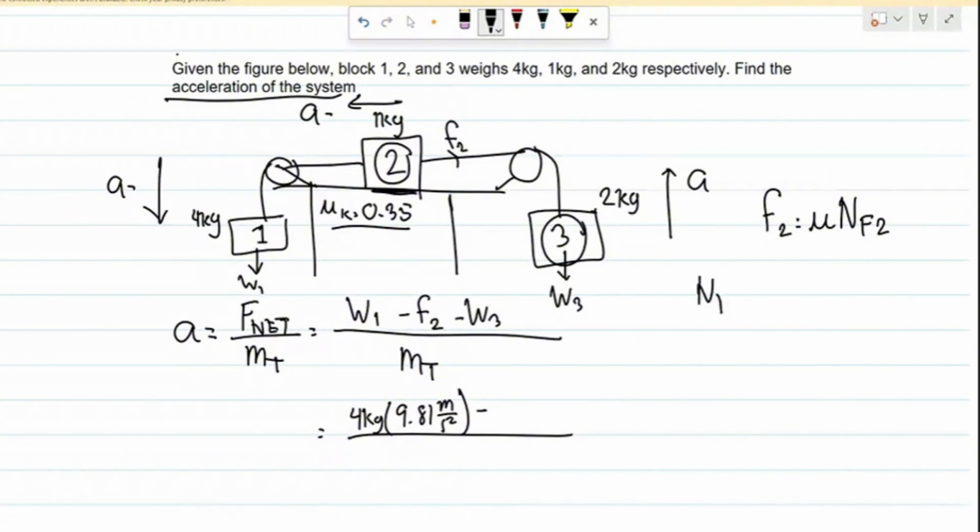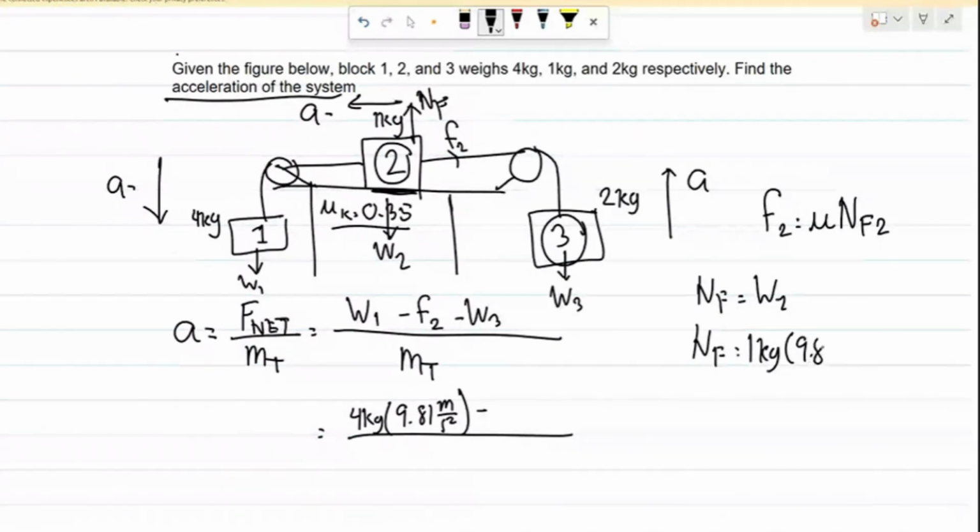Based on the figure, the normal force is equal to the weight W2, which is 1 kilogram times 9.81 meters per second squared. This is the normal force. Sorry.